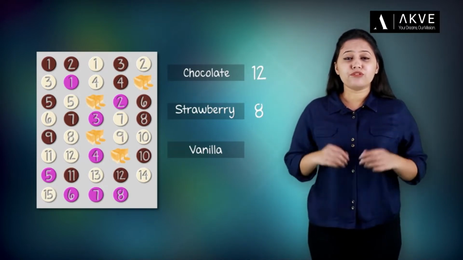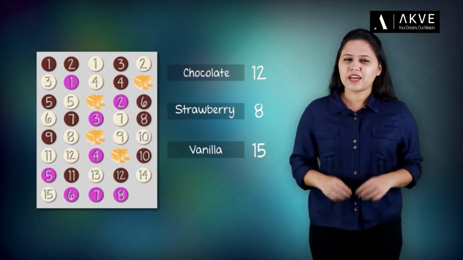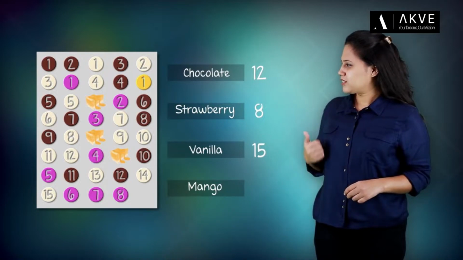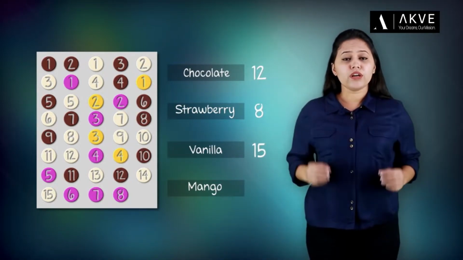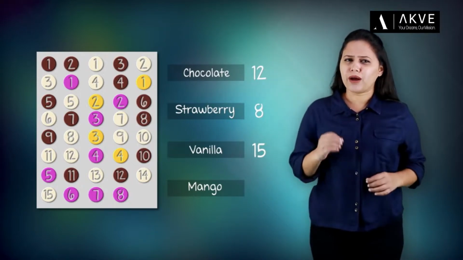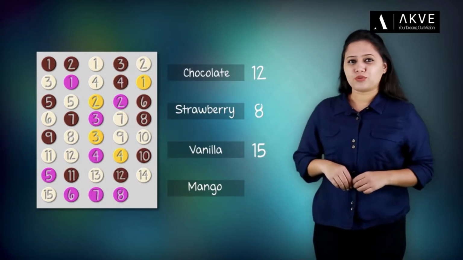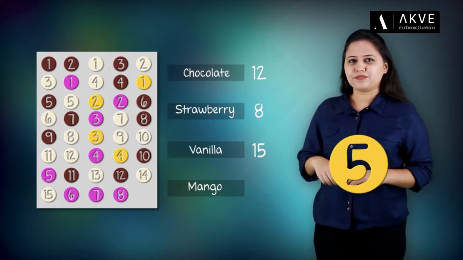Vanilla seems to have more fans as there are 15 people who have chosen that. Lastly, let's count for mango. 1, 2, 3 and 4. Only 4 people have opted for mango. That's not a lot. So let me add my vote to it because I like mango too. And that makes it 5.